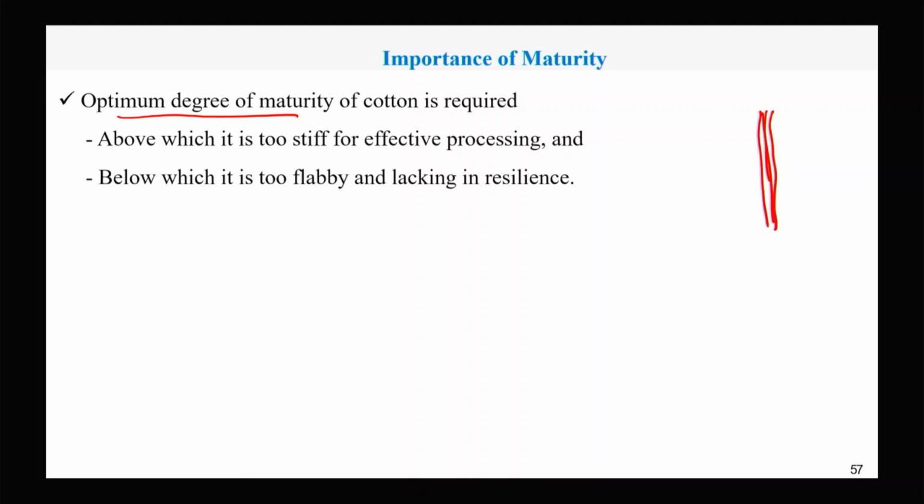If the maturity is low, the fiber will be flabby and will lack resilience. If it bends, it will not come back to its position. That's how the naps are formed.